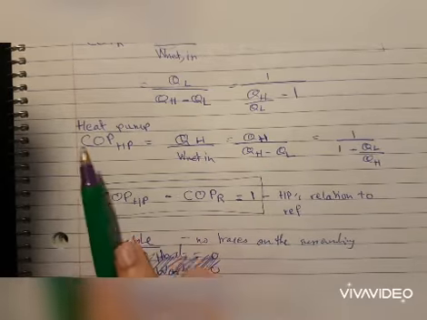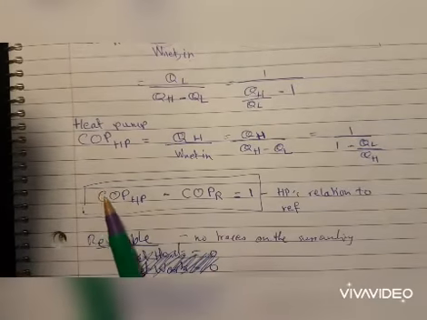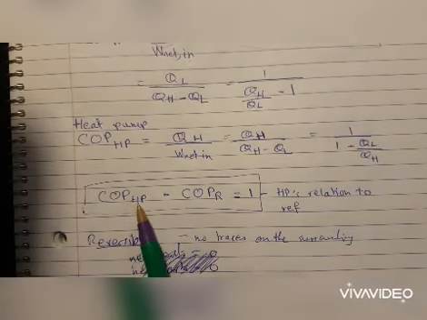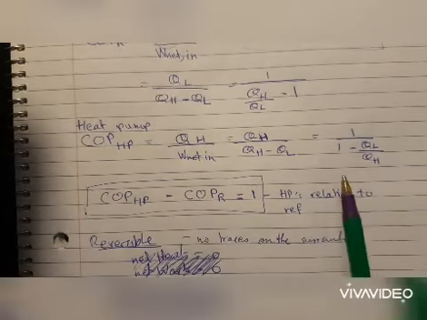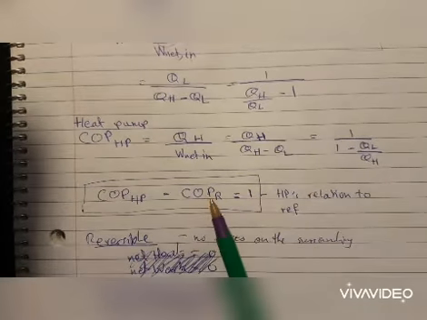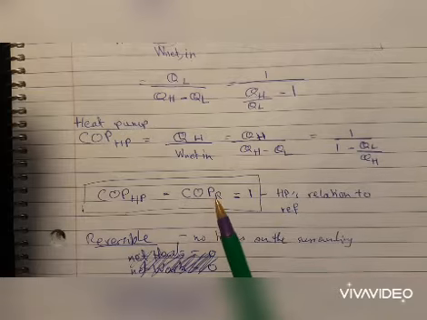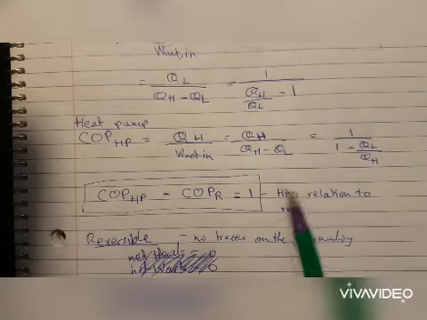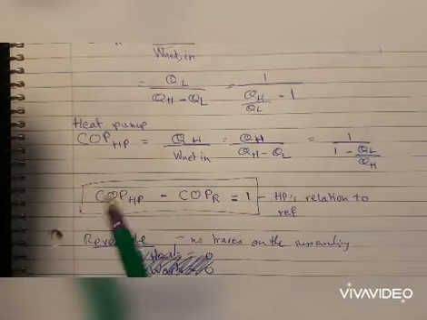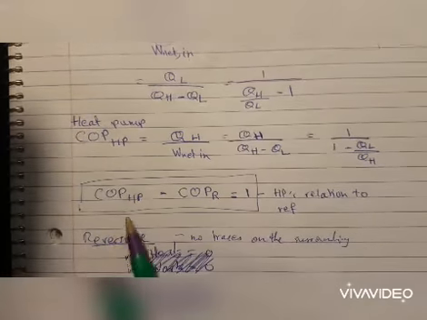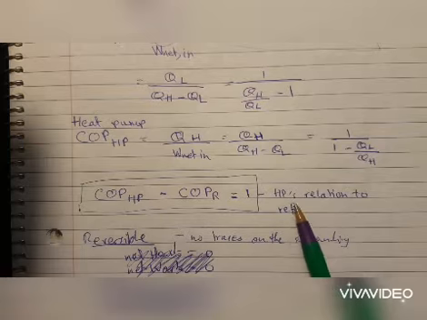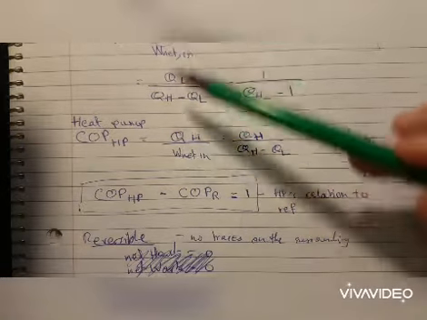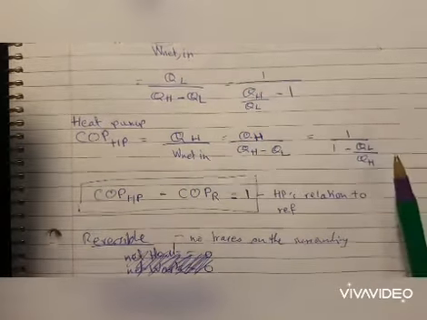Their coefficients of performance are connected in a way that the coefficient of performance of a heat pump can never be less than 1. Why? If we move this over here, it's 1 plus the coefficient of performance for refrigeration. So 1 plus this would give you COP-HP. That's how the heat pump relates to refrigeration. They're really closely connected.